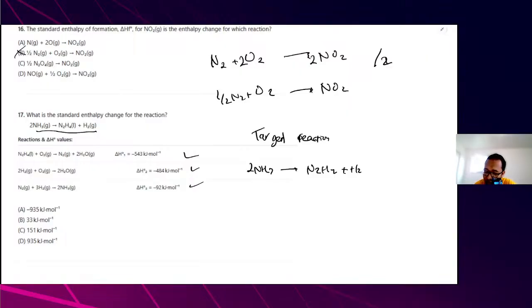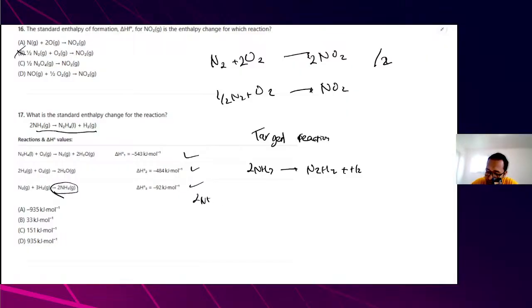The third reaction is so similar, because this is N2 and then 3H2, and we have NH3 over here. So what we can do here is simply reverse it to NH3.